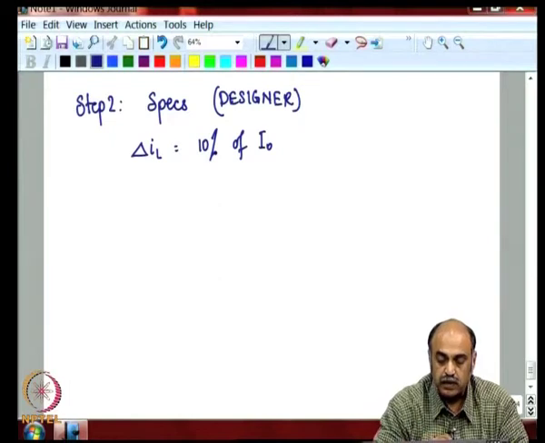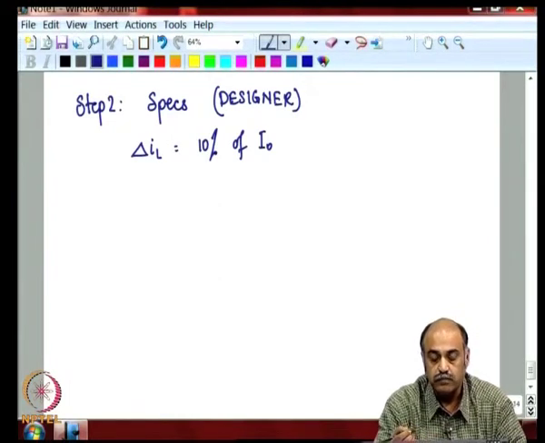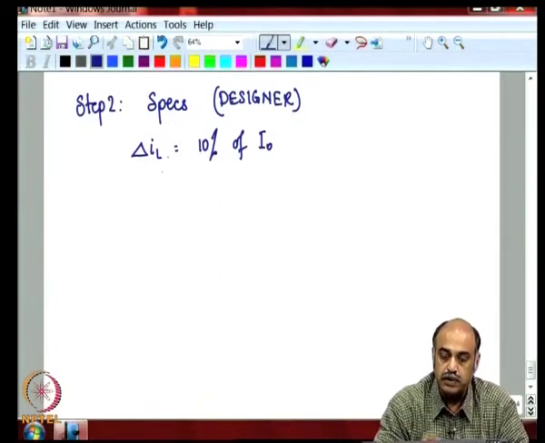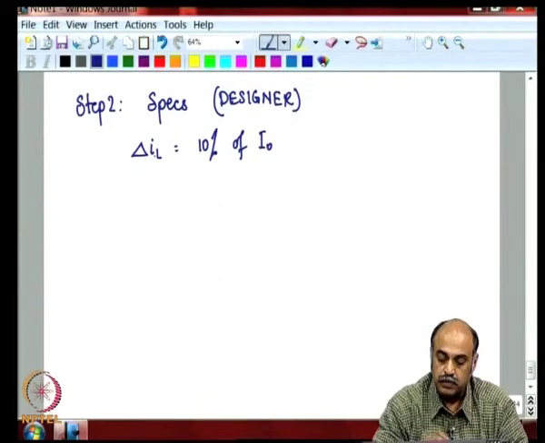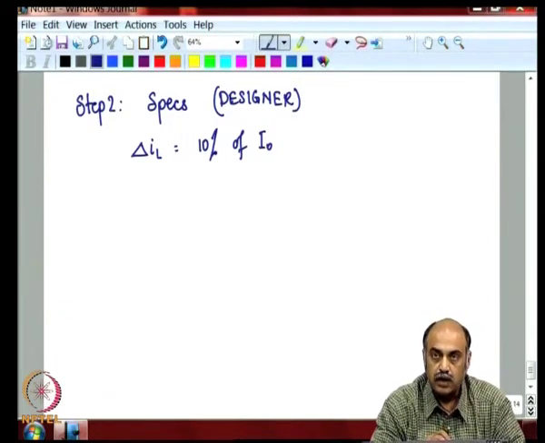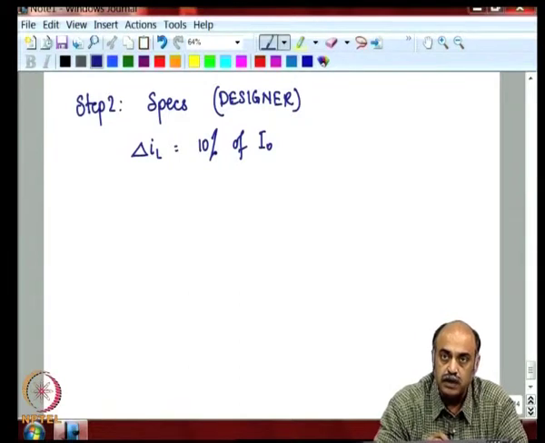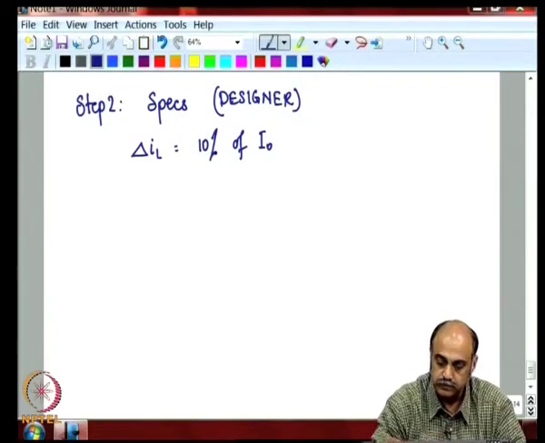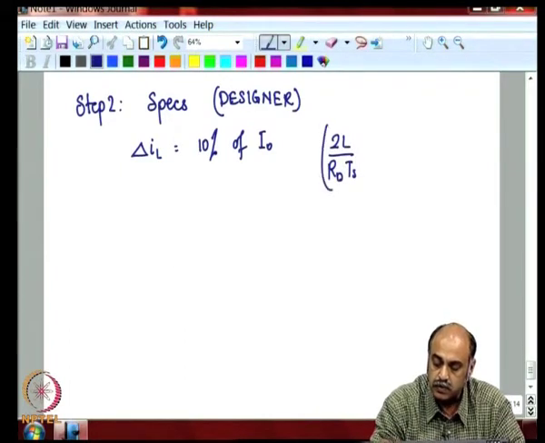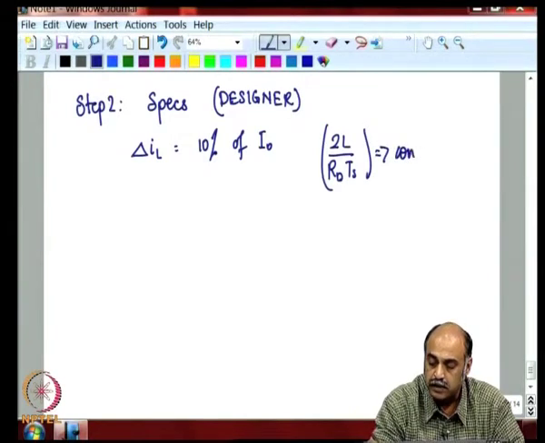It could of course vary. If you know the minimum value of the load that would ever occur on the DC-DC converter, that could be also used as one of the parameters for arriving at the value of delta IL, or if one knows the conduction parameter K, which is 2L by R naught into Ts, this is called the conduction parameter.